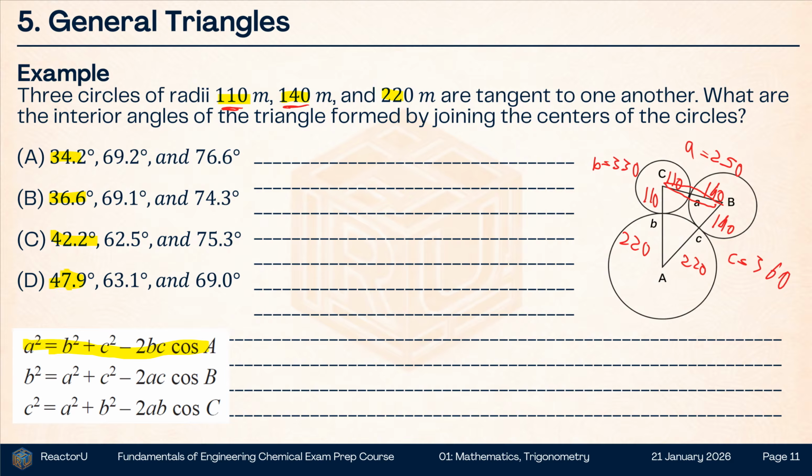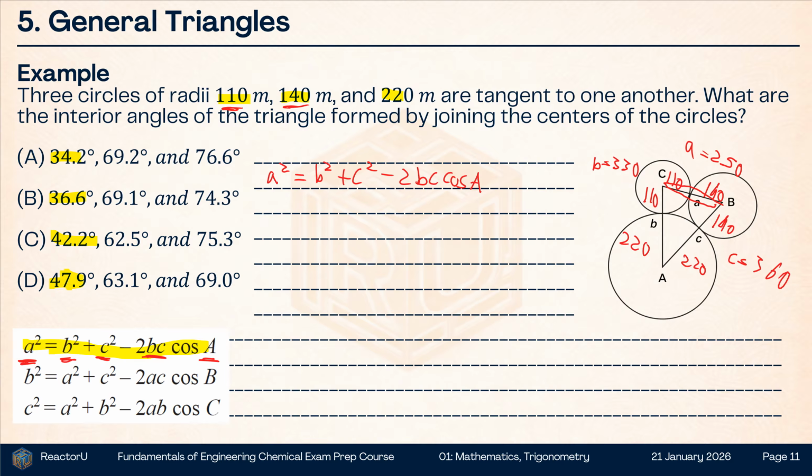So now we need to use the law of cosine, which is A squared equals B squared plus C squared minus 2BC cosine A. Not necessarily do you need to have the same naming here, but whatever angle you use here, whatever side you use here, you will use it also here. Whatever side you use here and here, you will use here as well.